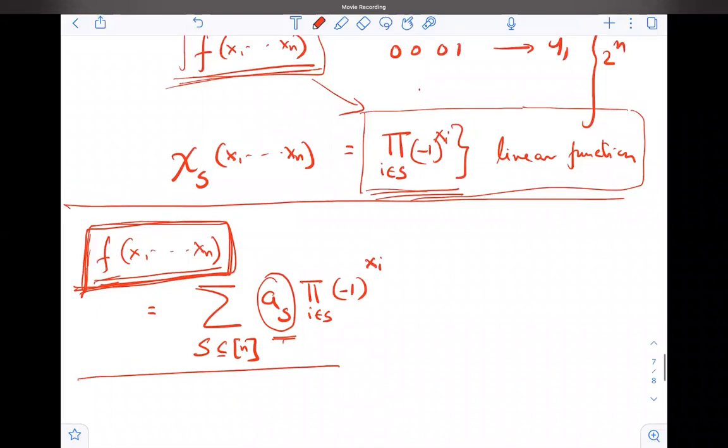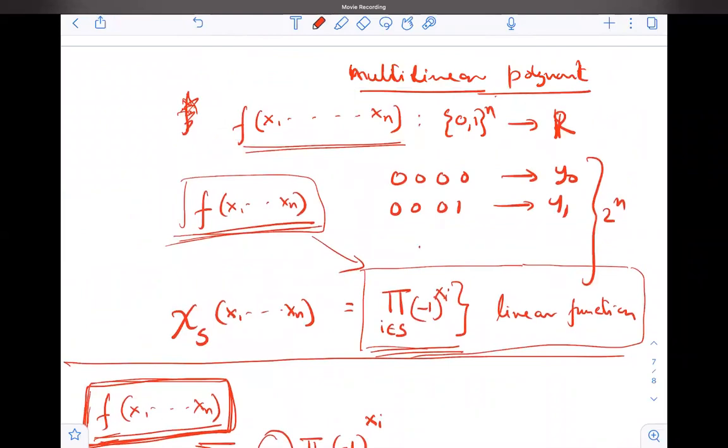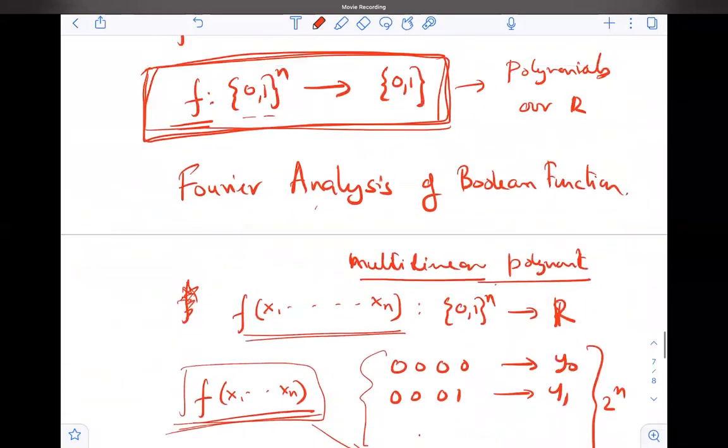So this is what is called Fourier analysis of Boolean functions, and the basic idea is exactly the same as what we just did. Instead of understanding a function as an evaluation at some points, we can also look at it as coefficients in another basis, and that's how we extract all this. Anyway, if you have not understood what I just told, don't worry about it.